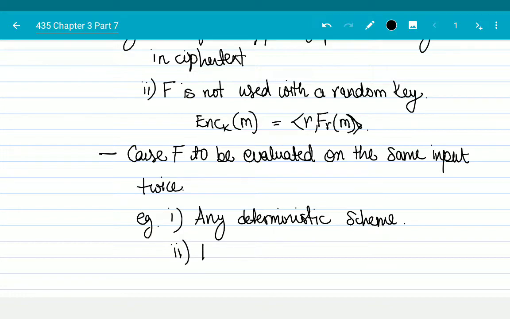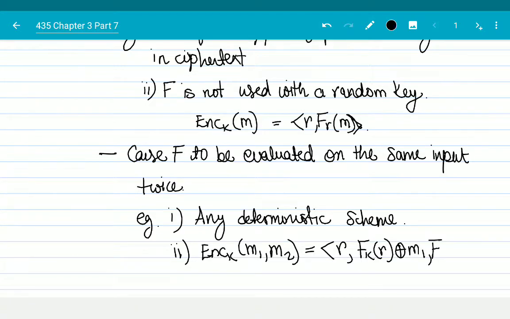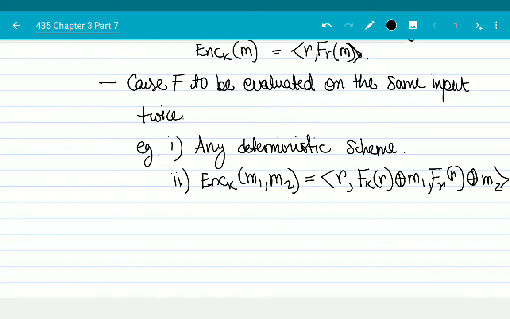Or if you take something like encryption k of m1, m2 is equal to r, f_k(r) of m1, and then if you mistakenly did f_k(r) of m2, rather than changing this to some other, maybe m1 or some other scheme, right?